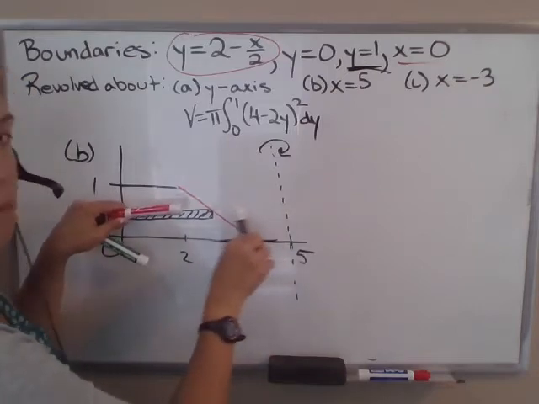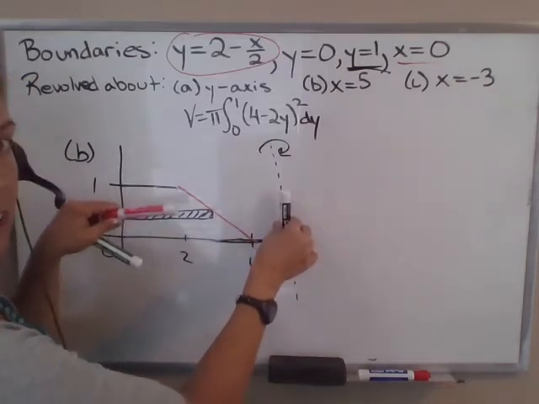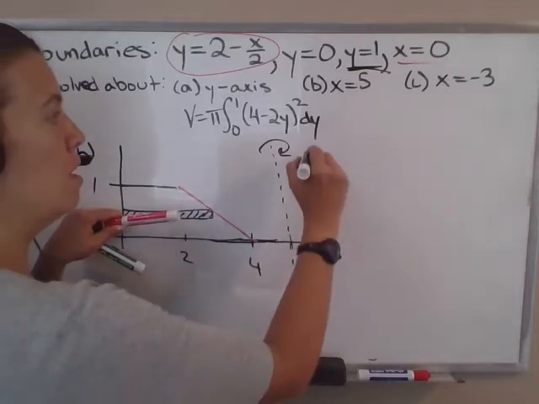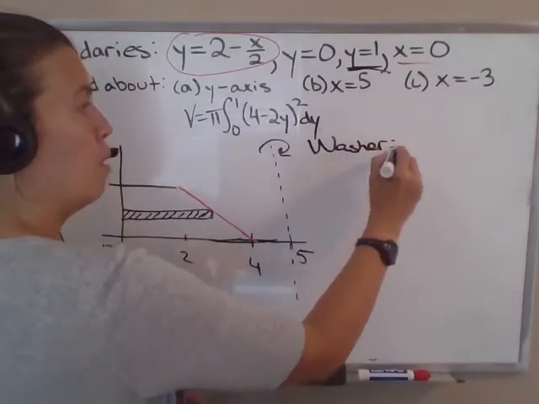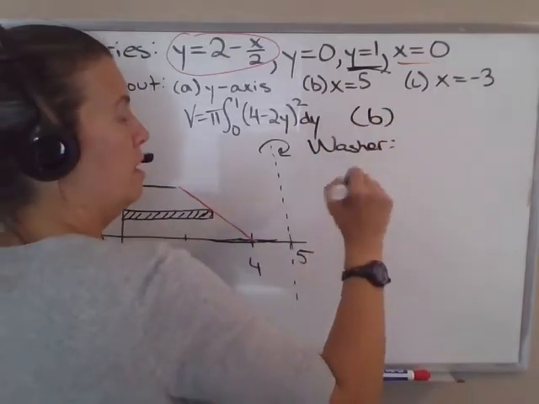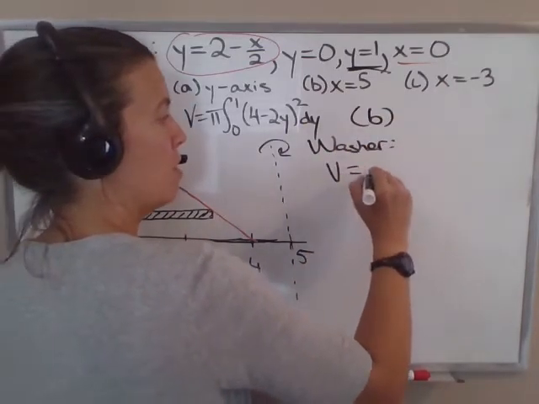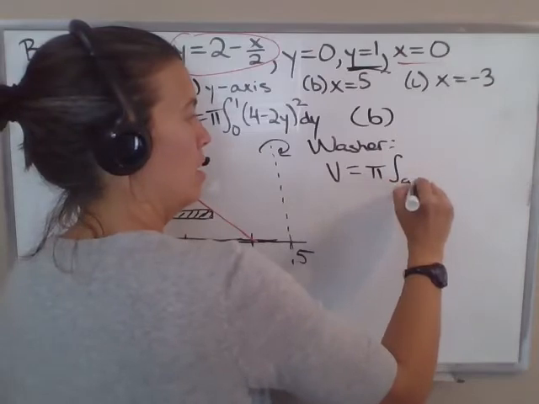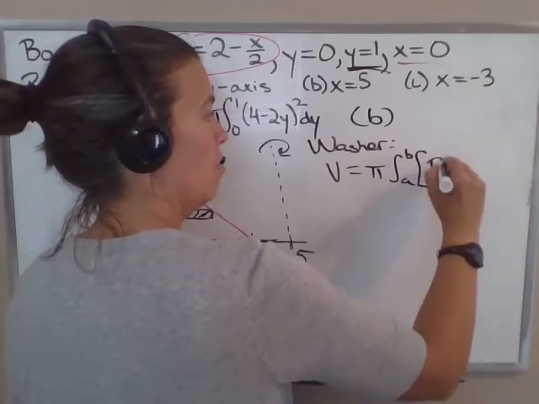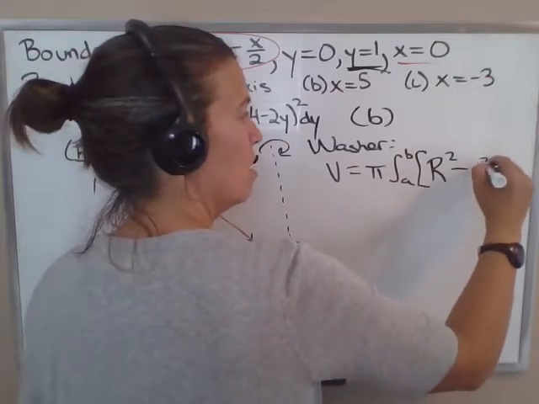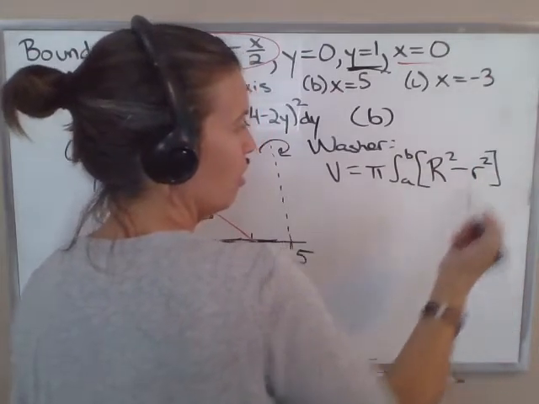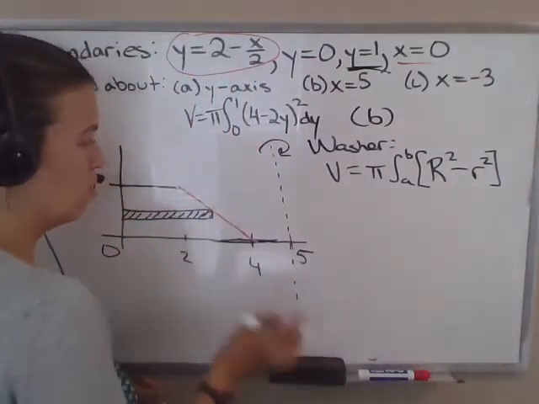Since there's empty space between the axis of revolution and the rectangle, this is going to be washer method for part B. We're working on part B now. The formula for washer method is pi integral from a to b of the outer radius squared, which I like to use big R for, minus the inner radius squared, which I like to use little r for. I know the book uses different notation.